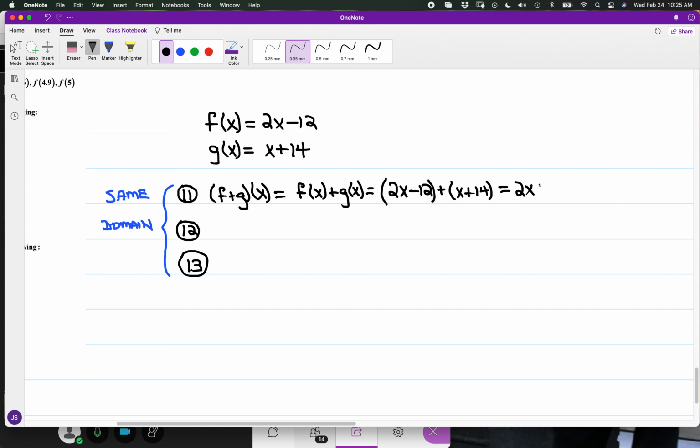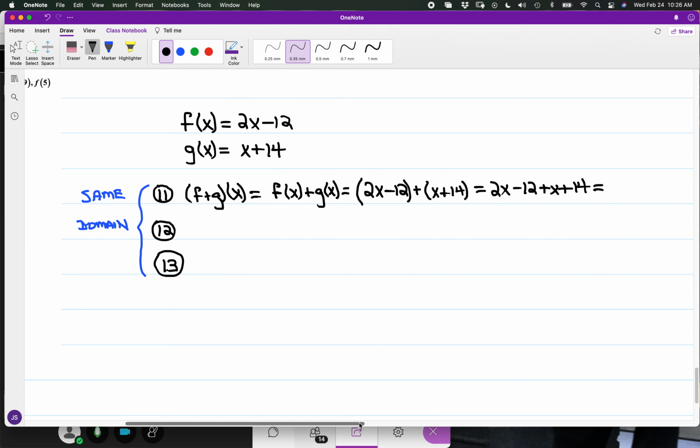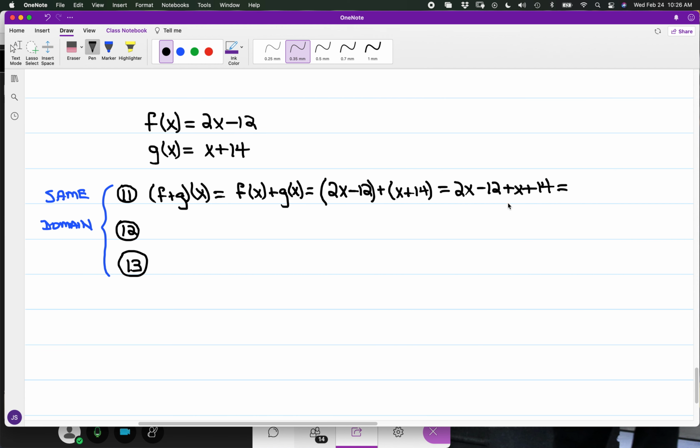So I have 2x minus 12 plus x plus 14. And looking at combining like terms together. So you have 2x plus x is 3x.